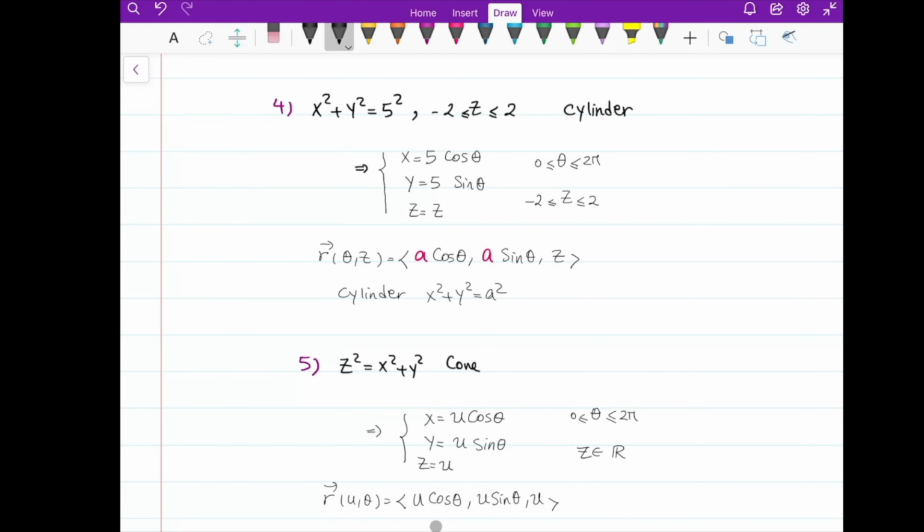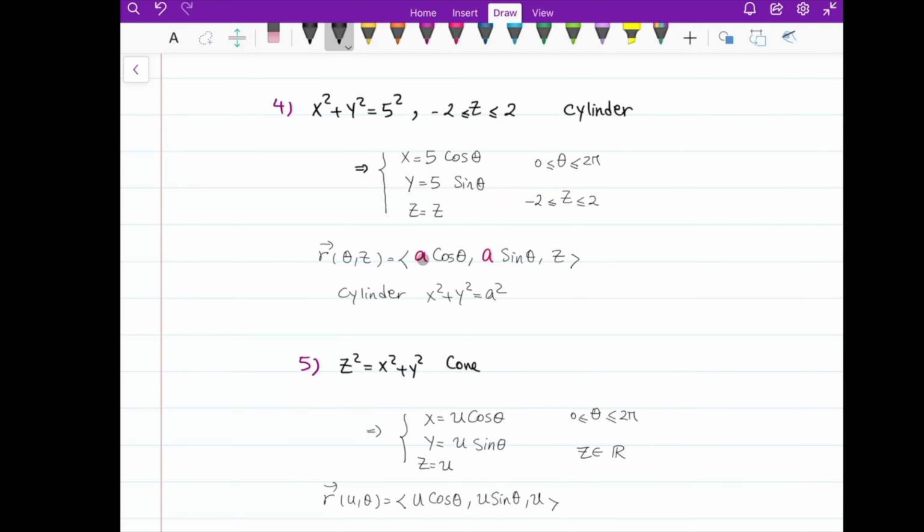Now compare the cylinder with the cone. On the cylinder, we don't have two parameters in the coordinates. We just have one parameter here, for example, x is just a function of one variable. a is just a number, a constant. But for the cone, the x coordinate and y coordinate are functions of two parameters, two variables, u and theta. u is changing, theta is changing.